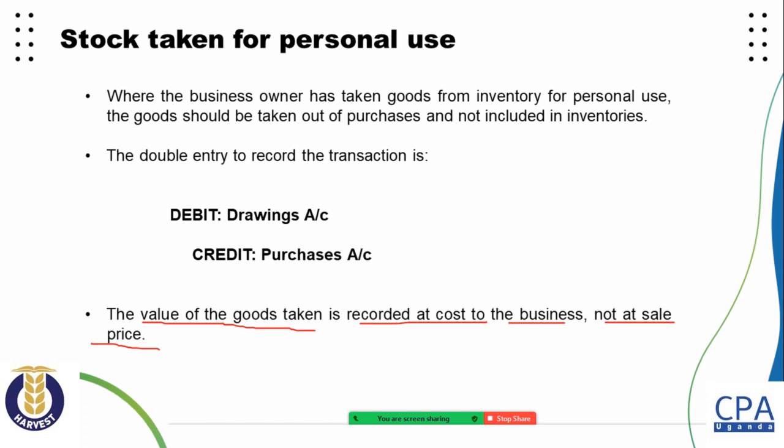Instead, we shall use the value at which we purchased these goods from the suppliers, because the profit is not realized. Why? Because you have taken the goods for your own personal use. The market has not given you that return on your investment, so we cannot recognize that profit.